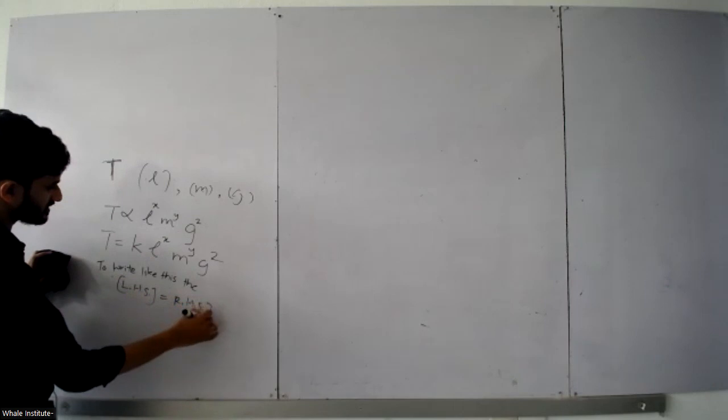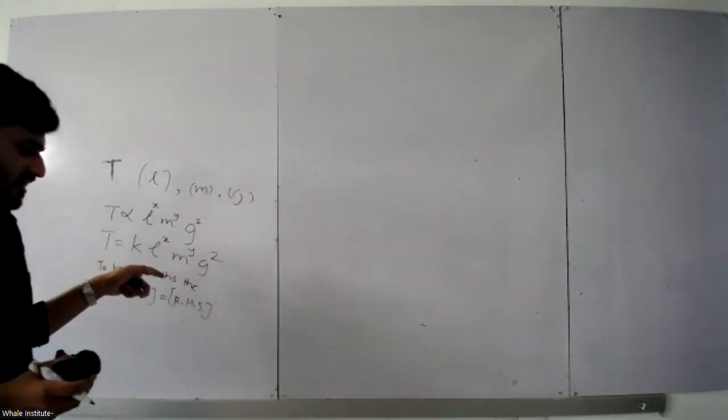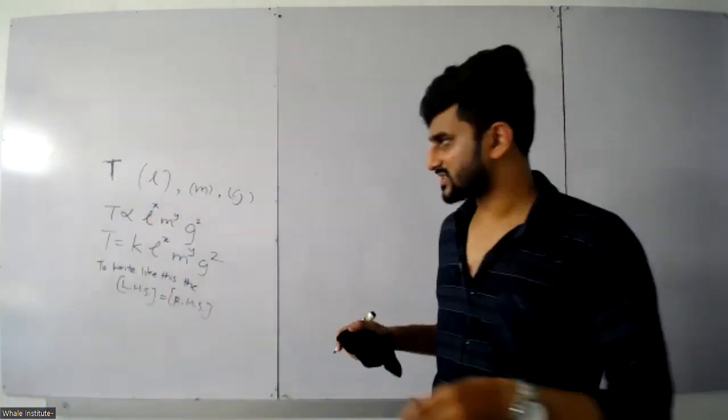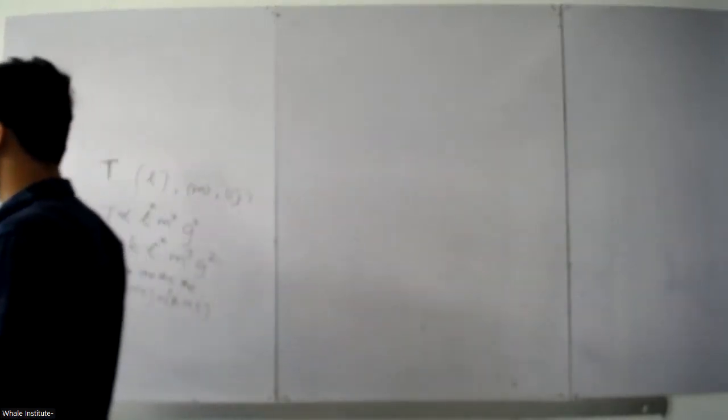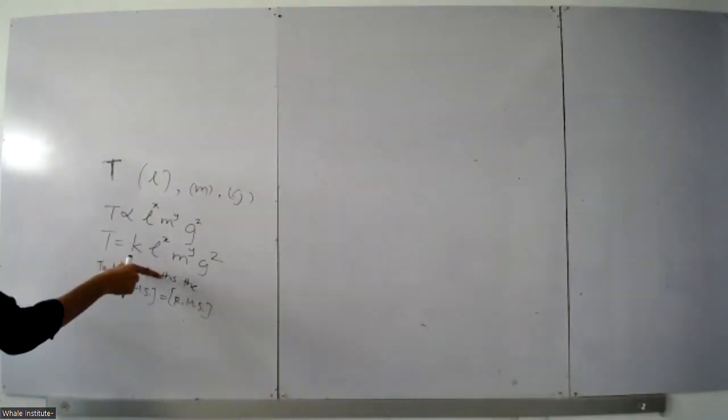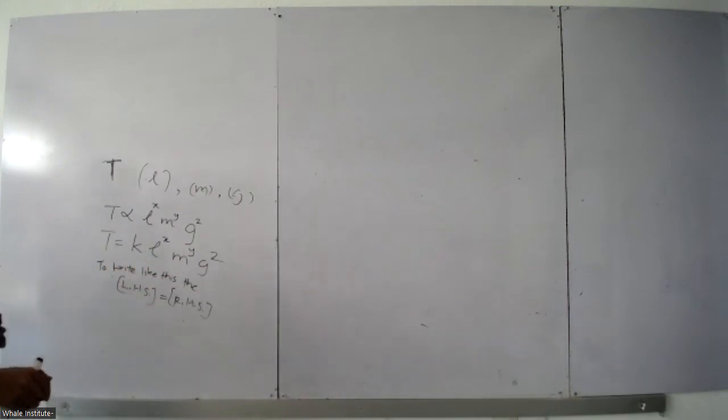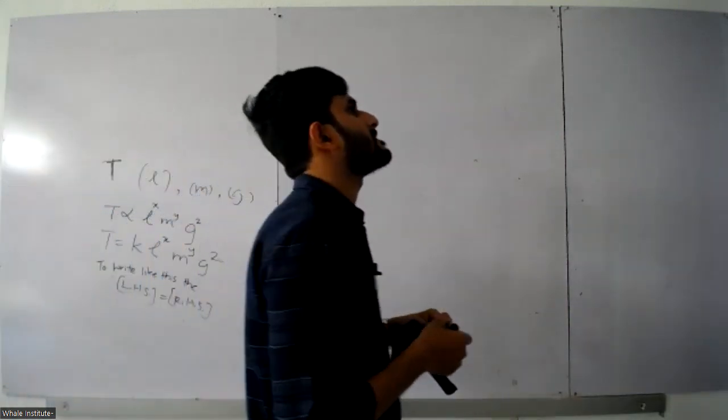That's the theory. Now, if this is a correct physical equation, the dimension of LHS is equal to the dimensions of RHS.